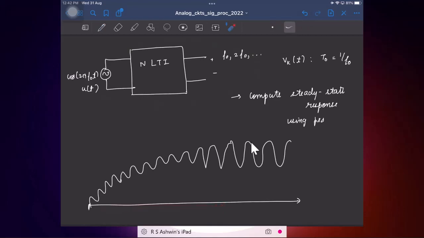But PSS doesn't compute all these transients, right? It just starts with an initial guess and quickly refines it so that it will finally compute, let's say, this portion of the waveform for one time period. Okay? Great. So you're saying that PSS will be faster? Yeah, because it doesn't run all these time points.